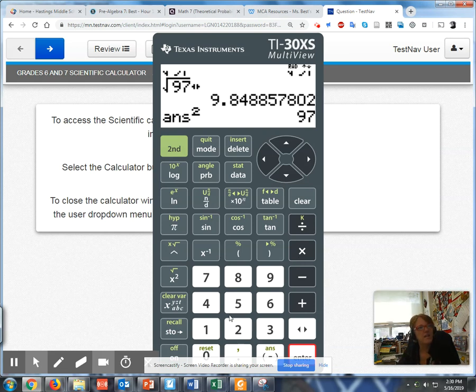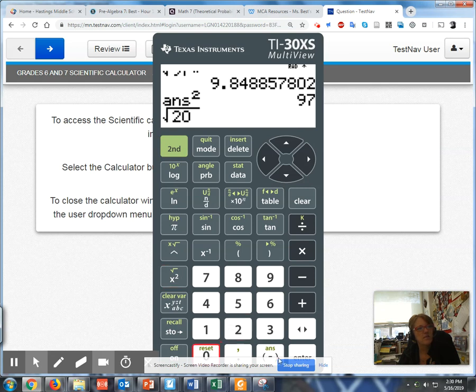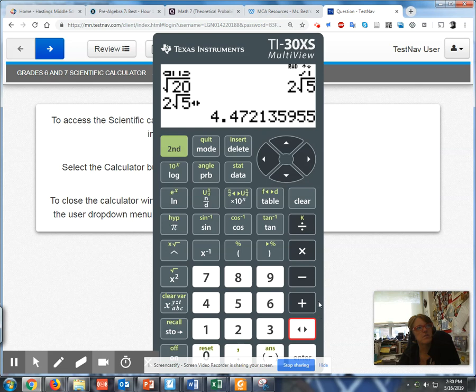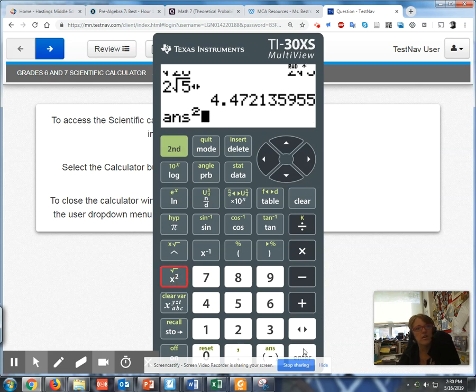Okay? If I said, hey, take the number 25, no, let's do something like 20. Take the square root of 20. You get a value, turn it into a decimal. If I said square it, guess what you're going to get? 20. You're going to get right back where you started. Okay?